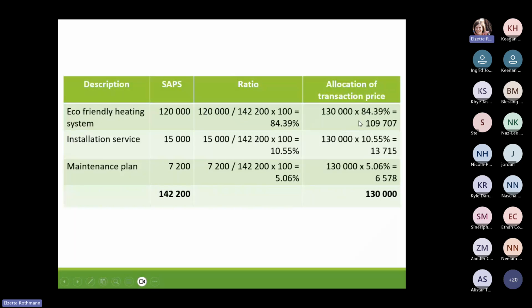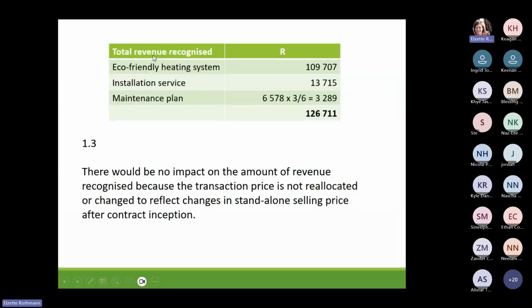Okay, the heating system that we can recognize in full because that is delivered. They also tell us that it was installed, so that installation we can also recognize in full. So the total revenue to recognize is the eco-friendly heating system, so that's the full 109,707 that we've calculated. The installation service is the full 13,715 because it was installed completely, so we can recognize that.